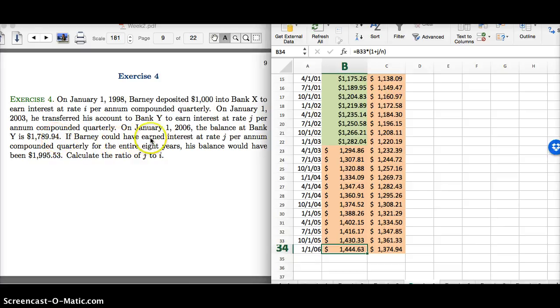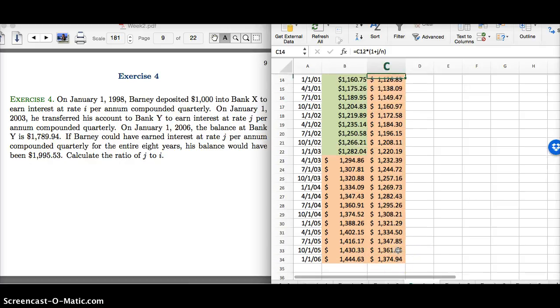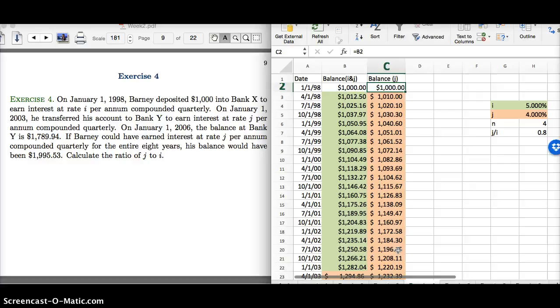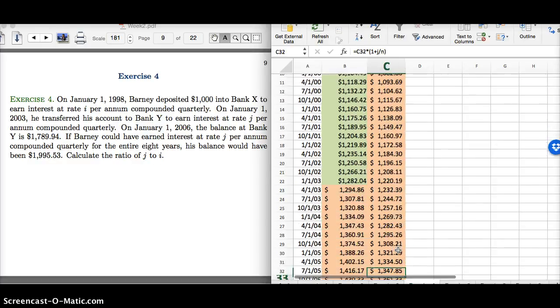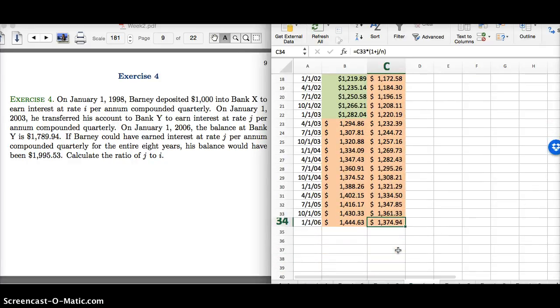So if Barney could have earned interest at rate J for the entire period, then his balance would have been $1,995.53. Okay? So in column C, I'm starting with the same $1,000, but I'm multiplying by 1 plus J over n for the entire 8 years. Okay? And I ended up with 1374.94, so my guesses are obviously not correct.